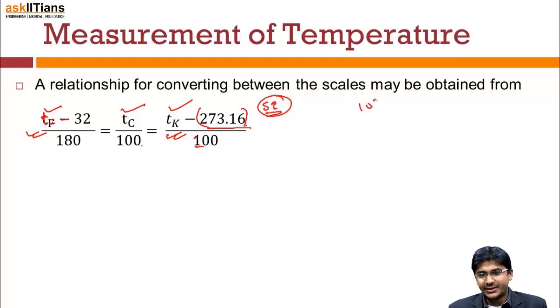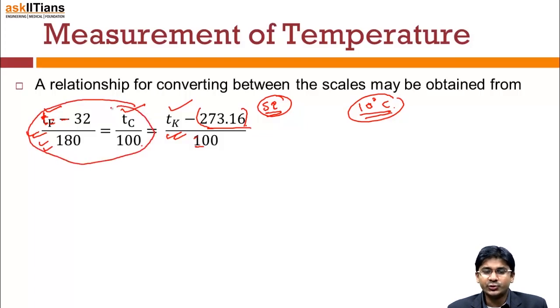How do we convert? Suppose you have a temperature of 10 degrees Celsius. I ask you, what value will it be on the Fahrenheit scale? You have to use this relation: (Tf minus 32) by 180 equals Tc by 100. Tc is 10, so Tc by 100 is 1 by 10. The 0 cancels.